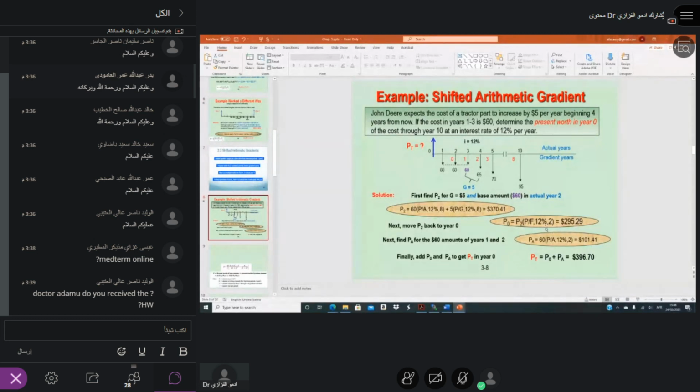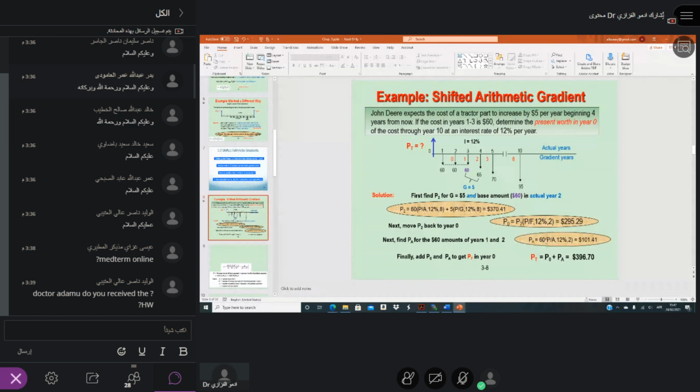Okay. So if you have this here, now it is time to find this. Mind you, this P2 will be this value here, whatever dollars. This is the P2 you just calculated. So next you find PA, the present amount for the $60 amount in years 1 and 2.